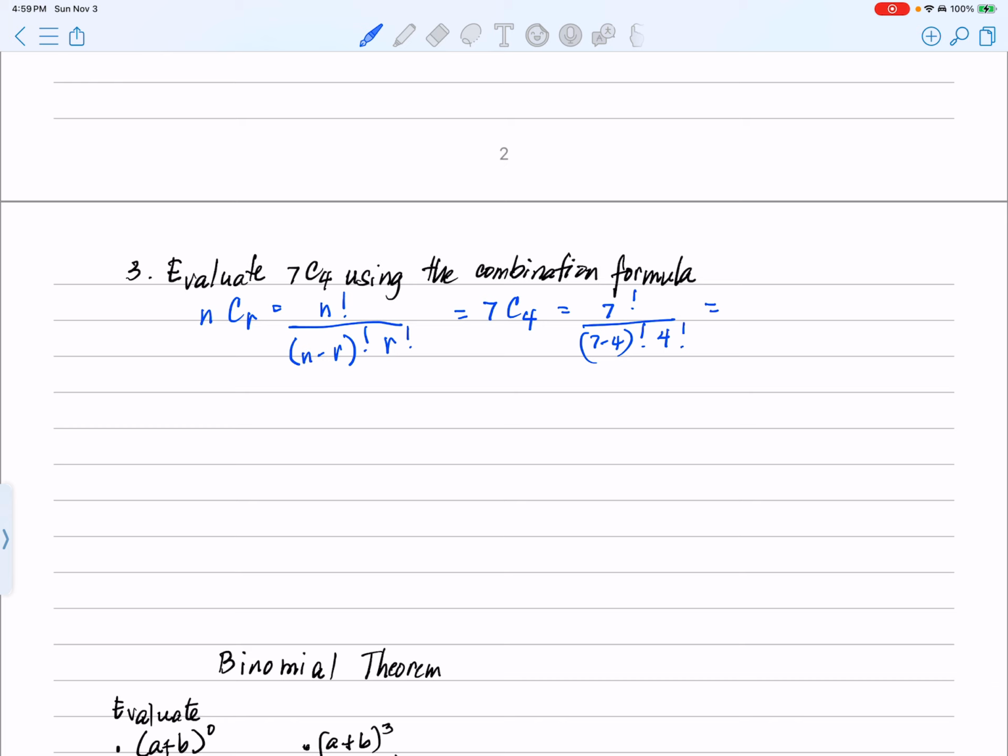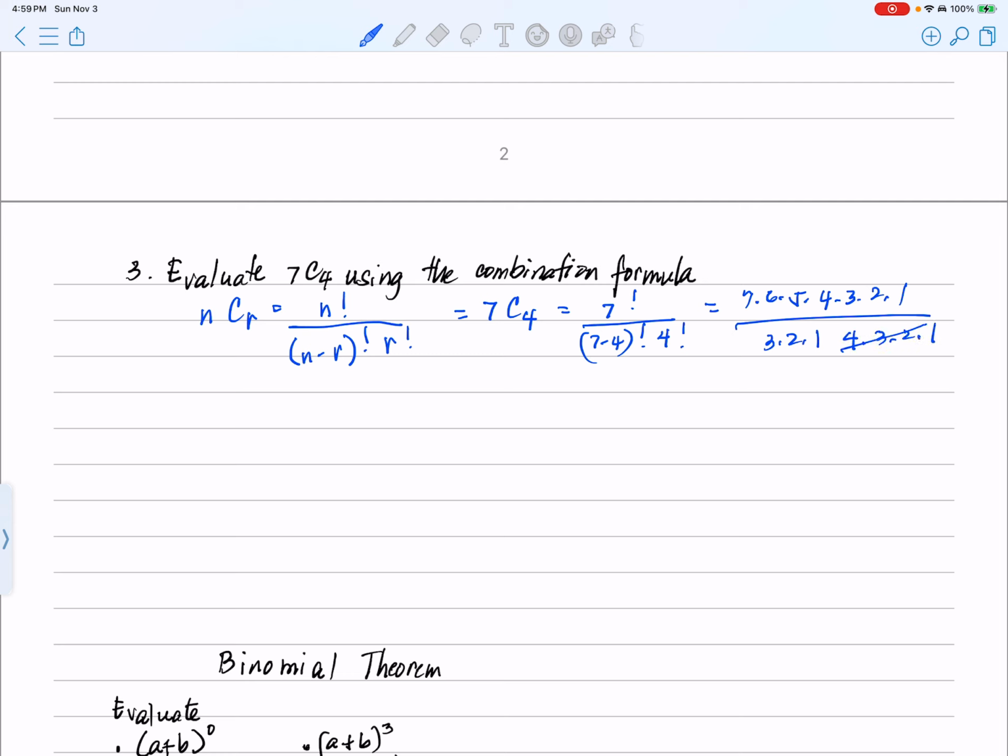So 7 times 6 times 5 times 4 times 3 times 2 times 1 over 7 minus 4, that's 3 factorial, so 3 times 2 times 1, and then 4 factorial is 4 times 3 times 2 times 1.